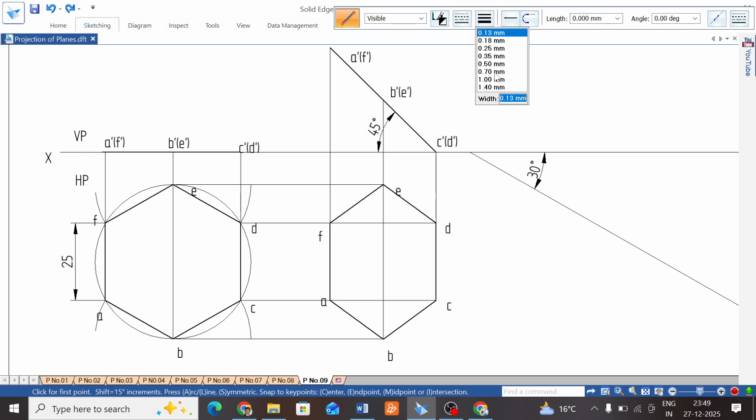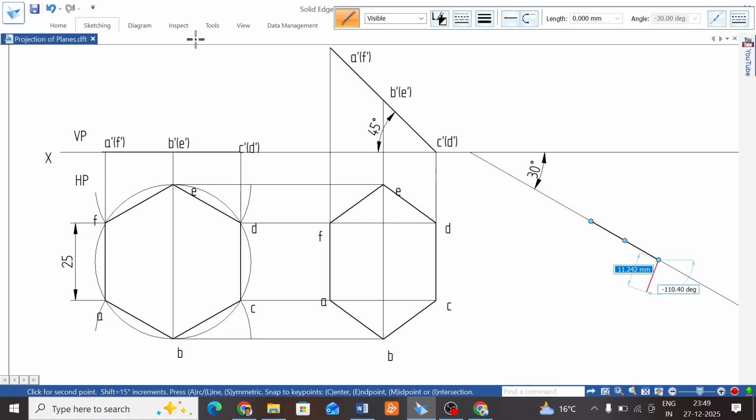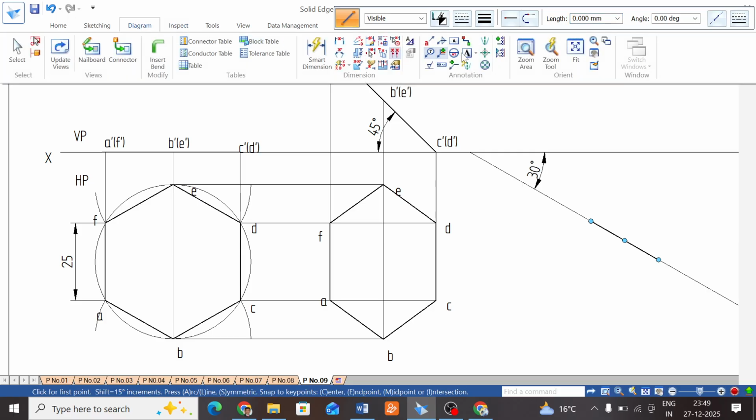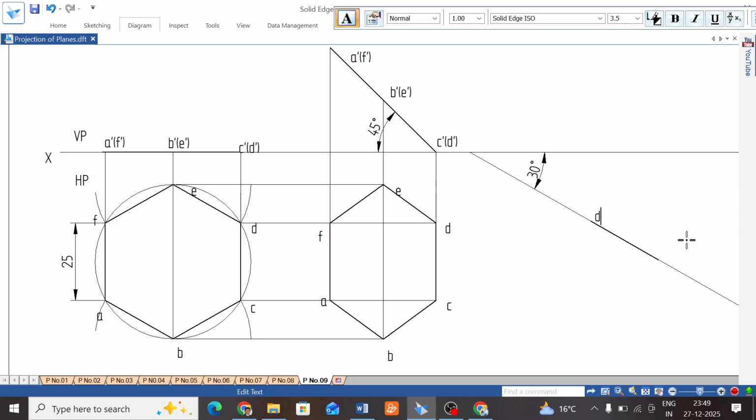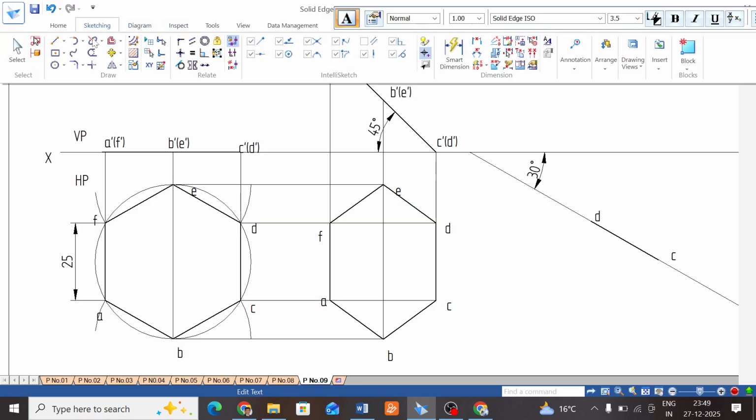First point is D and C. Now name the corners. This one is D. This is our C.